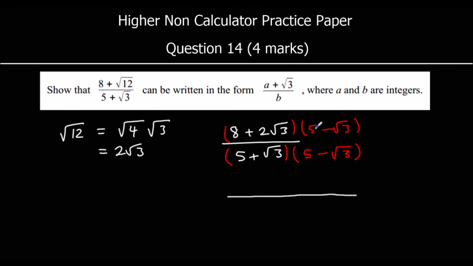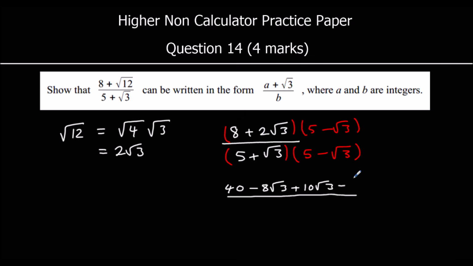8 times 5 is 40. 8 times negative root 3 is negative 8 root 3. 2 root 3 times 5 is 10 root 3s. And 2 root 3 times negative root 3, a positive times a negative is negative. 2 root 3 times root 3. So root 3 times root 3 is just 3.